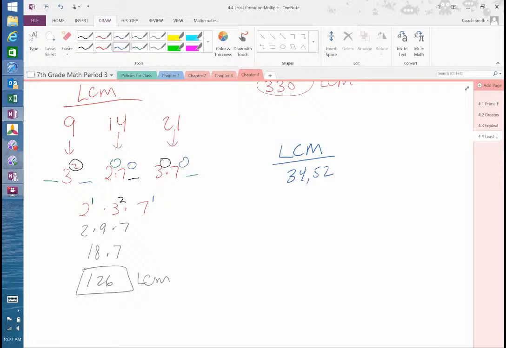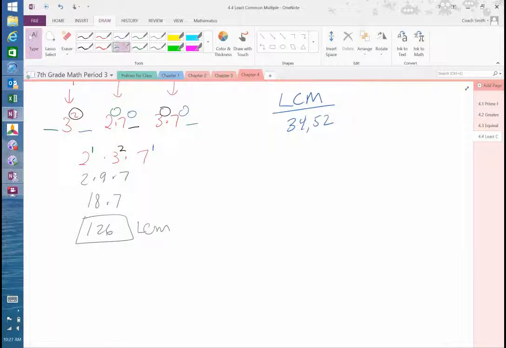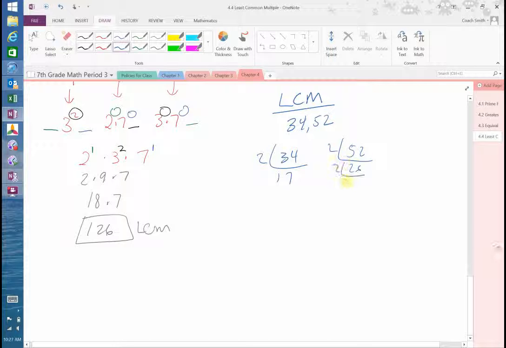All right, now, make sure we know how we got it. Prime factor 34: 2 times 17. Prime factor 52: 2, 26, 2, 13. Okay, so I have 2 times 17, and 2 to the second times 13. So we use 2, 13, 17.